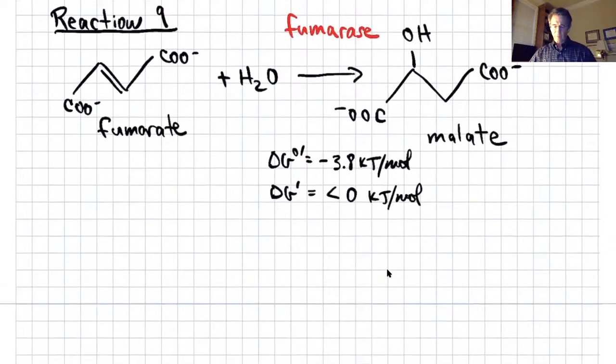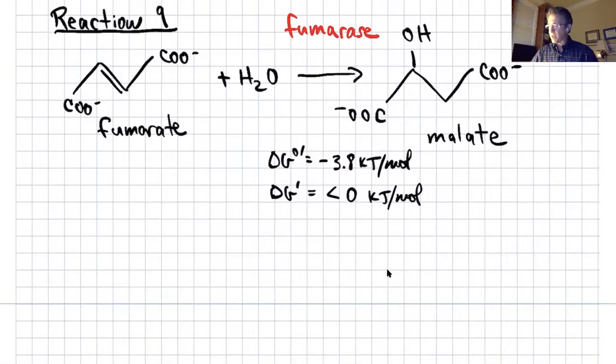Likewise, when fumarase acts to create malate, it's a stereospecific addition of that water molecule to that 2-carbon, and it only makes one stereoisomer. It doesn't make the other stereoisomer.